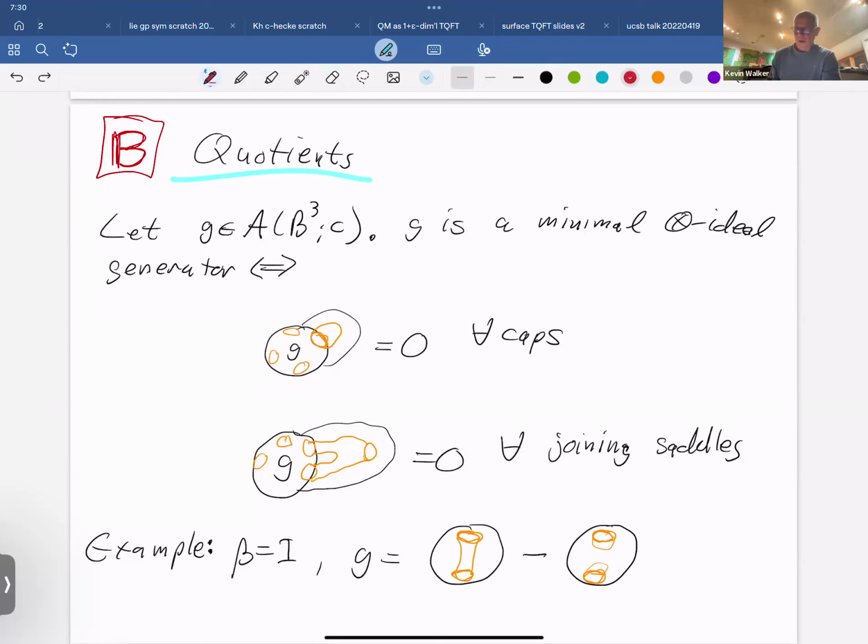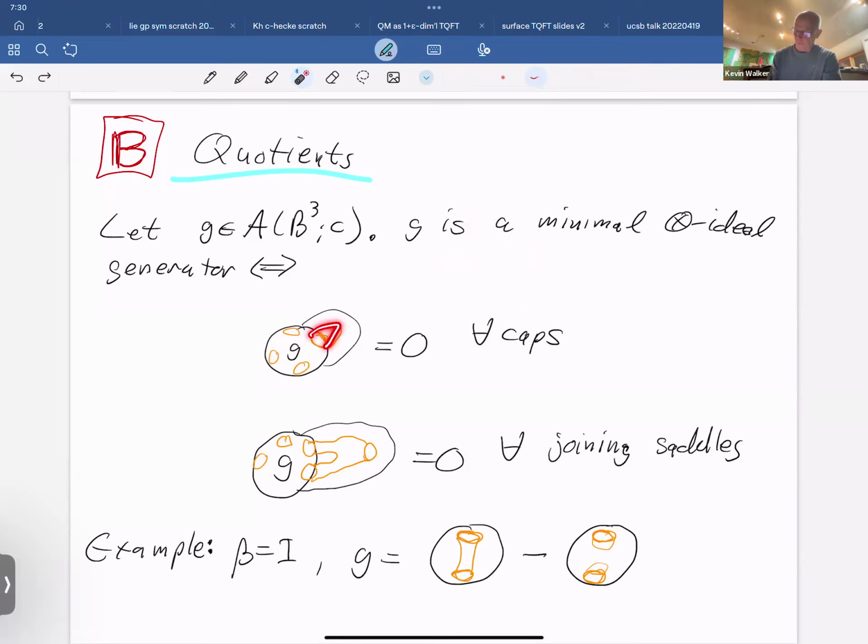So we've got some generators. So this is some linear combination of surfaces, and I want it to be a minimal generator of the ideal. And so for temporal Lie, I won't go back to the slide, but we had a disk with dots on the boundary, and then whenever we capped here or capped here, we get 0.